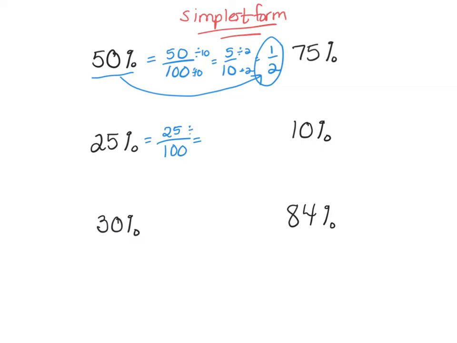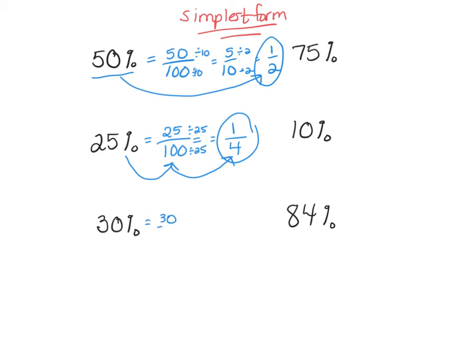So I'm going to divide both of these guys by 25. And that leaves me with 1 on the top and 4 on the bottom. 100 divided by 25 is 4. And that is simplest form. So 25%, yes, it means 25 over 100, but it really boils down to 1/4, the simplified fraction.